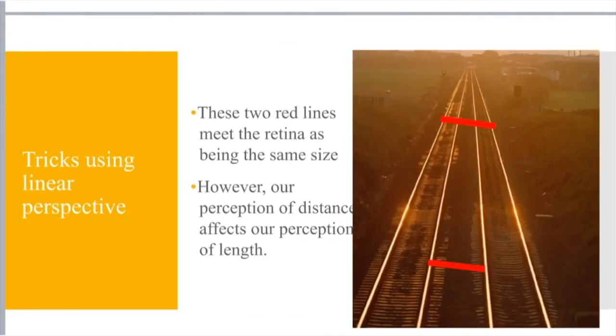So I referenced train tracks. We use this linear perspective. These two red lines look like they're different sizes, but in fact, if you measure them out, they are the same size. They meet the retina as being the same size. However, our perception of distance affects our perception of length.